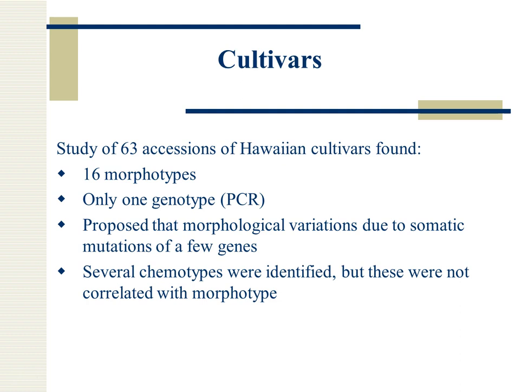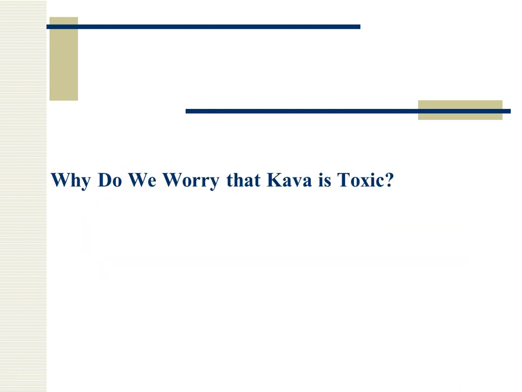They did identify a number of chemotypes, but they can't necessarily correlate those with a particular morphotype. Again, I think what's important here is that given all these cultivars, there are some underlying differences, particularly in the phytochemical profiles. And we'll see how that can play into some of the issues that came into play with Kava.